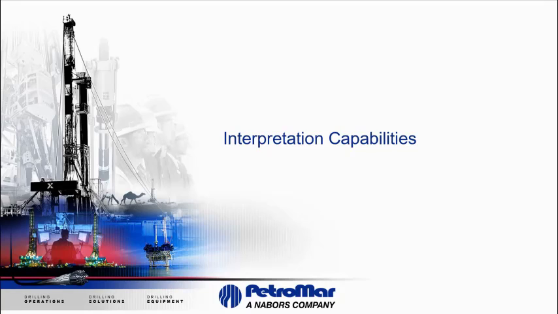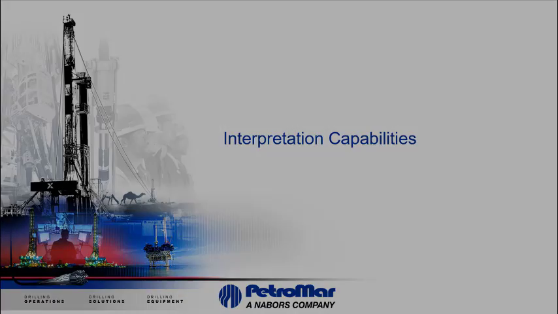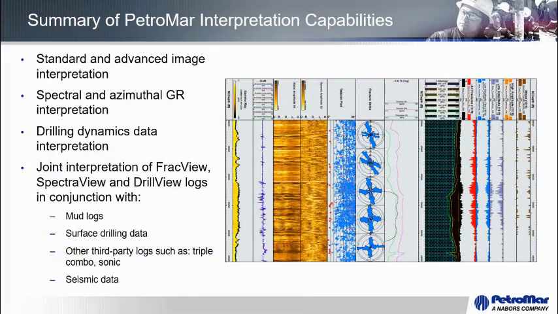So here we're going to talk about our interpretation capabilities, as well as our standard analysis that would include things like looking at bedding inclination, bedding attitude. We can look at the different fracture typing, look at the fracture orientation.